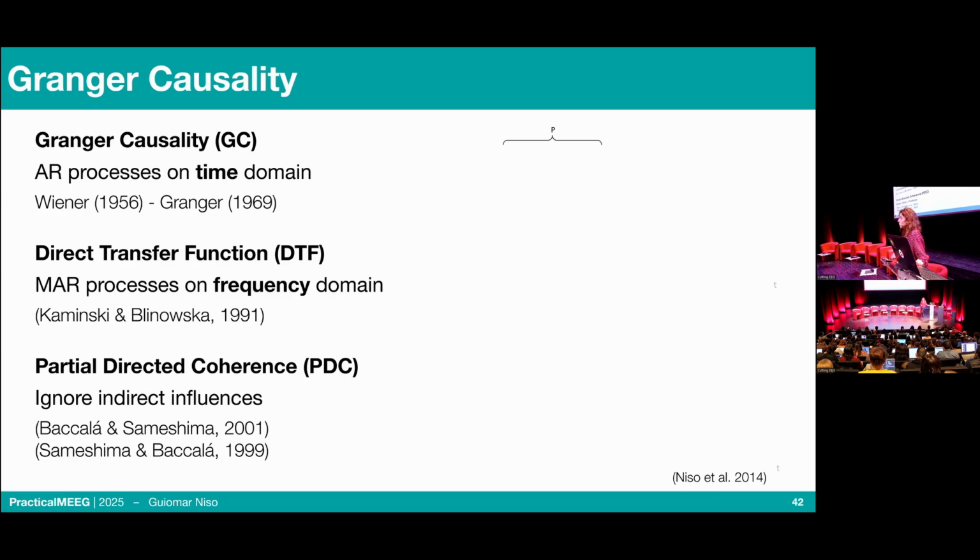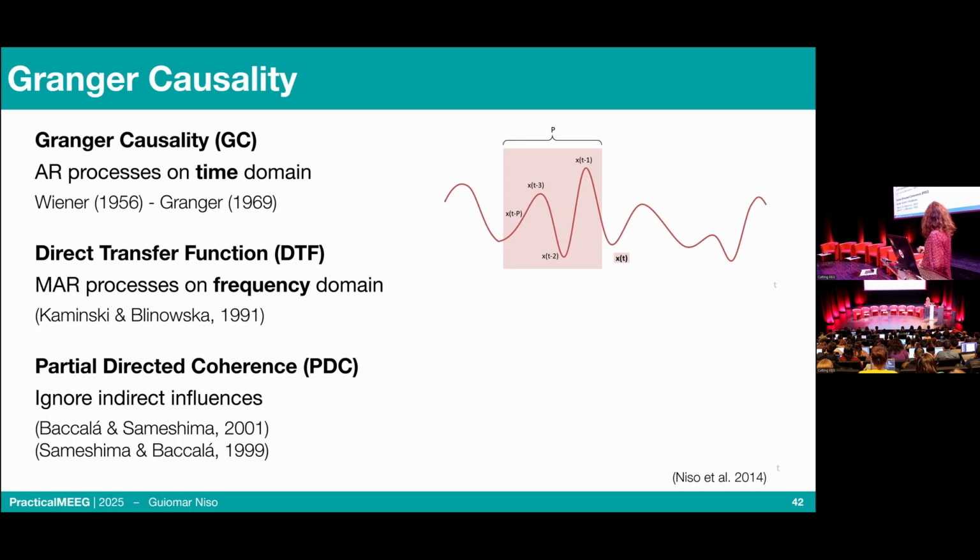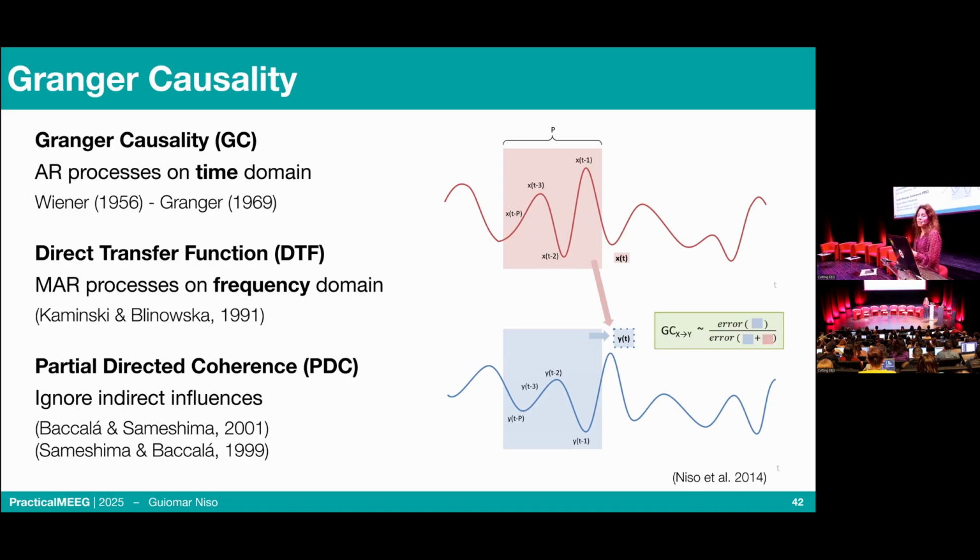There are other metrics that are based on Granger causality, which is if you have your signal and you take a few samples of it, and you take another signal and also take a few samples of your Y signal, if you are able to predict this Y signal with your own past worse than if you add the information from the past of another signal, like X, then you will say that you have Granger causality between the signals.